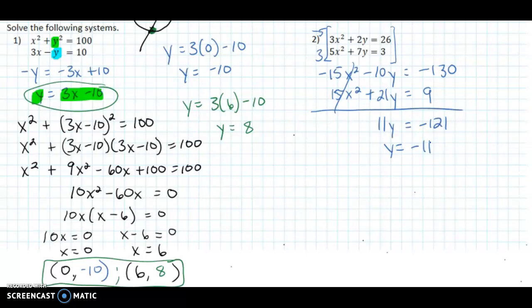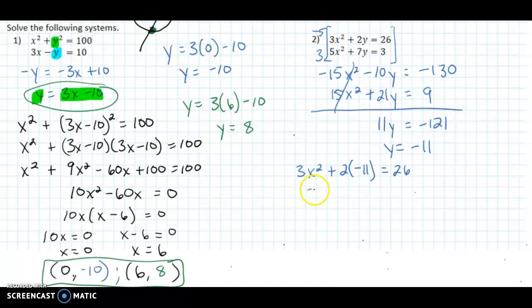And then we can use either equation to find x. I can use the top or bottom. If I use the top equation, it would give me 3x squared plus 2 times -11 is equal to 26.